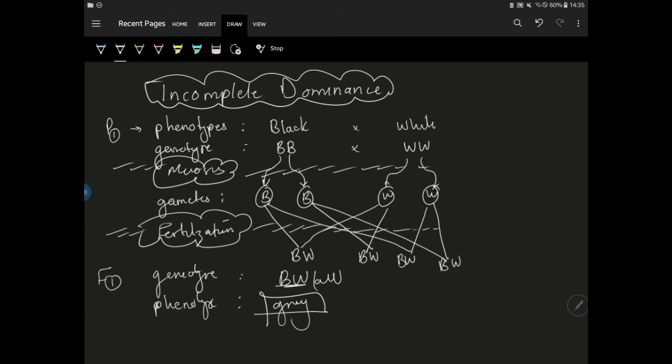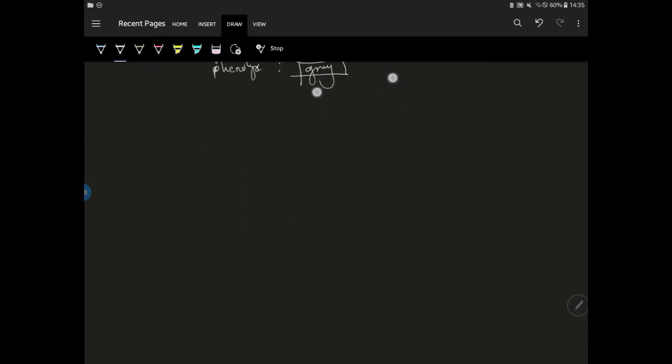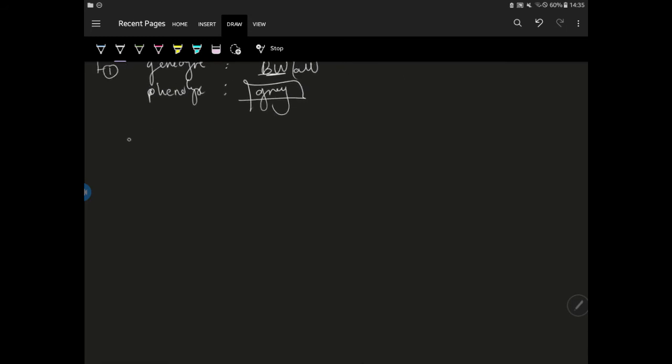If you cross two gray rabbits, let's see what happens. Two gray rabbits are crossed. So we have P2 from the F1 generation. Phenotype: gray crossed with gray. Genotype of that would be BW crossed with BW, right?